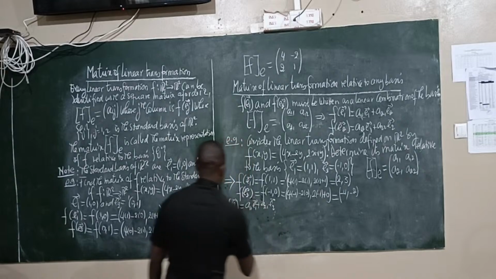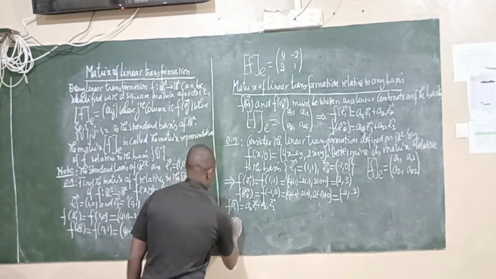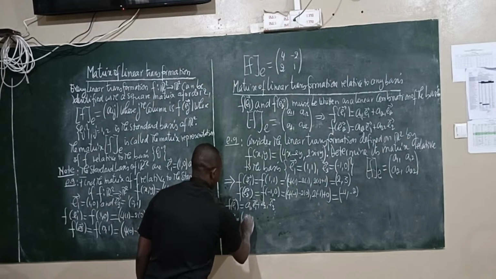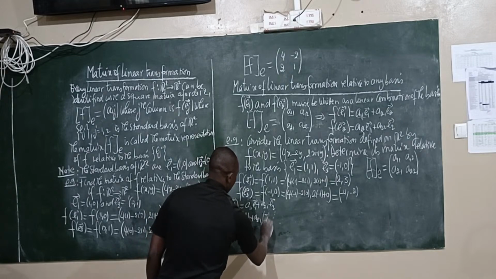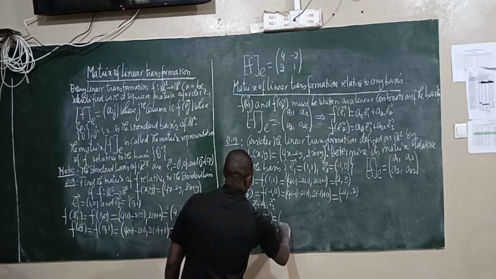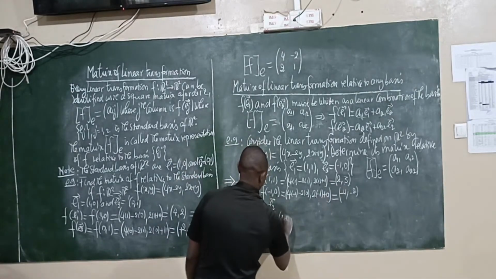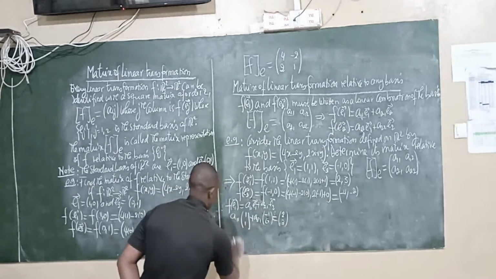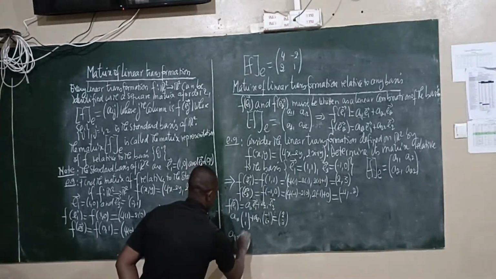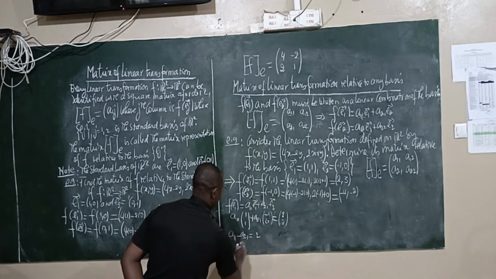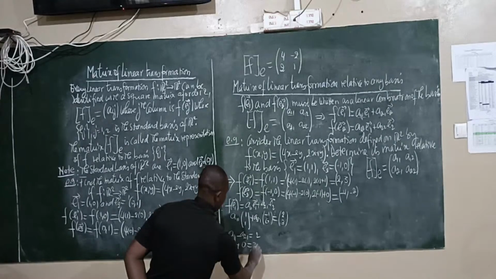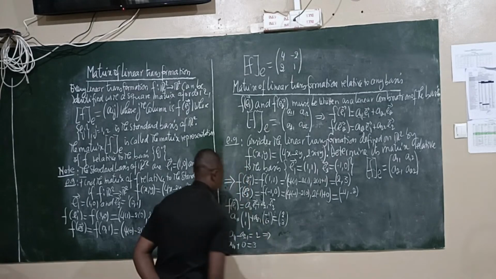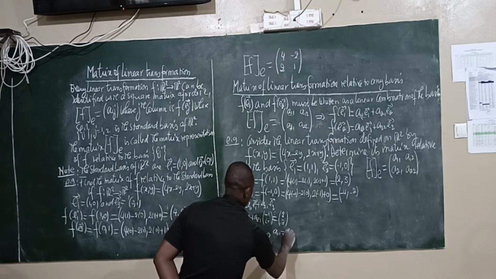Okay, it is clear that we have a11 times the basis (1, 1) plus a21 times (minus 1, 0), and this will be f of e1, which is (2, 3). This means a11 minus a21 is going to be 2. A11 plus 0 is going to be 3. This means a11 is 3.